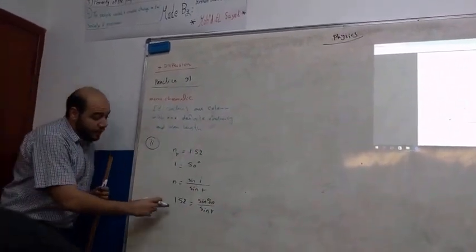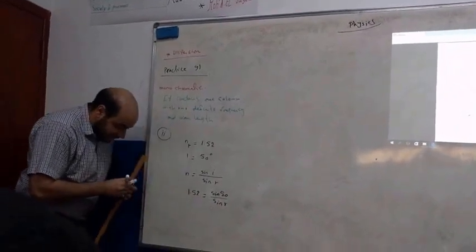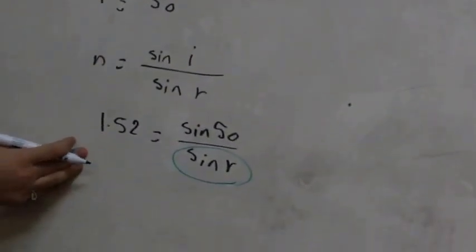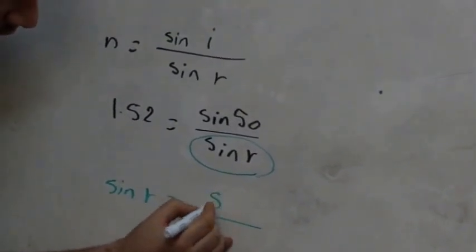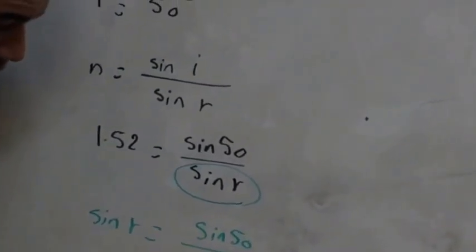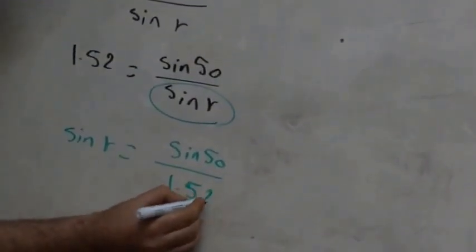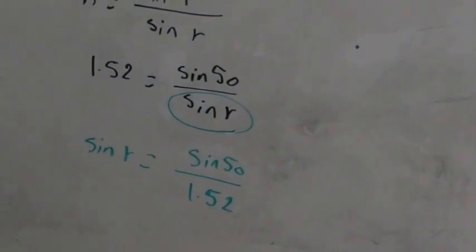Now, if you want to get the refracted angle, how to get it? I will cross inverse this relation. So sine r is equal to sine 50 over 1.52. Again, in the mark scheme, at least two significant figures.